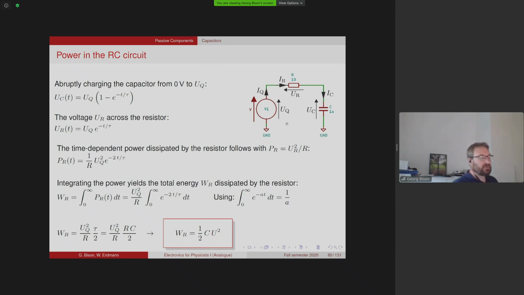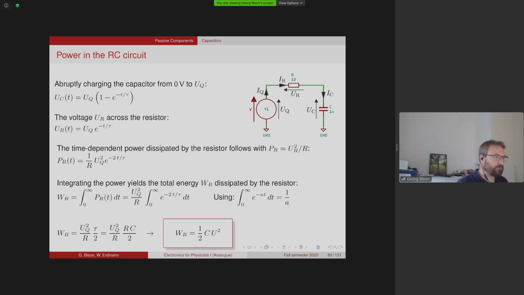Now, this is the exact same formula for the energy that is stored in the capacitor. And you see that 1/2 of the total energy supplied by the source is dissipated in the resistor, and the other half is stored in the capacitor.